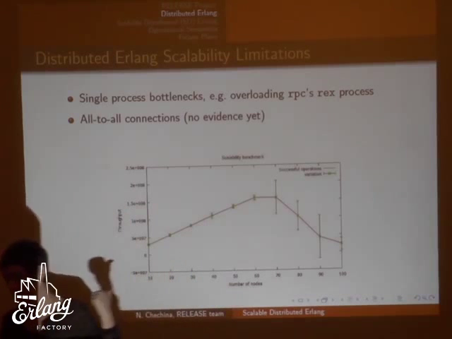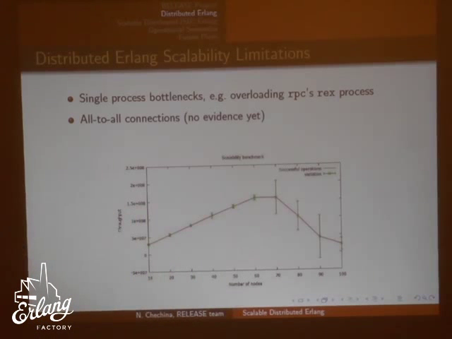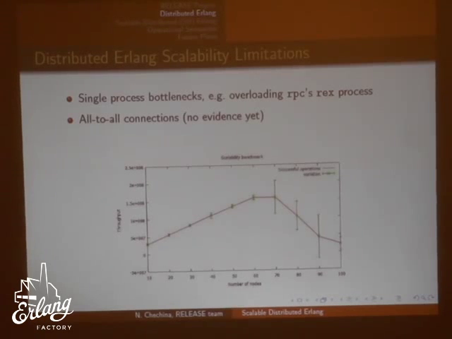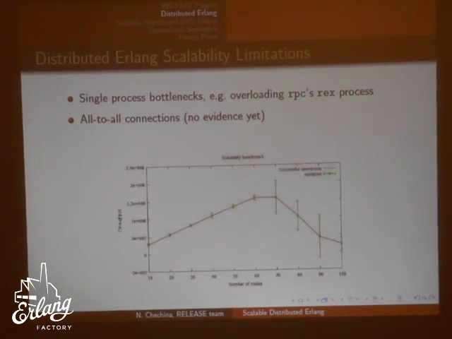And this is Riak version 1 point something, I think. So it's not the newest version, because we worked with Basho and discovered the same problem together with this Rex problem. They solved it in the next version, but we didn't do benchmarks with that version anymore.